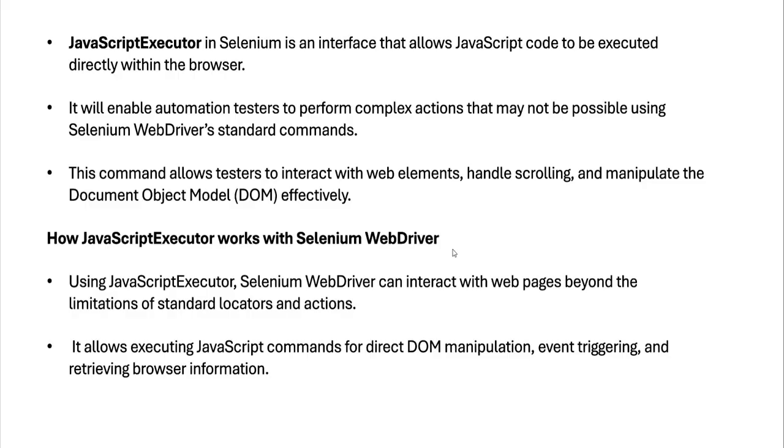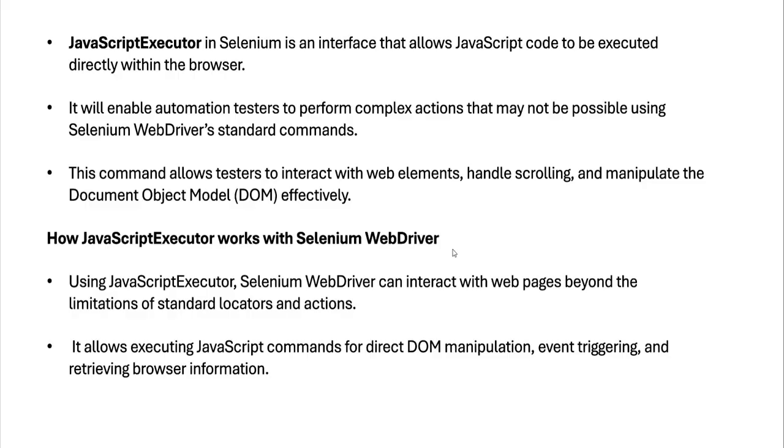The click or send keys method is not working. At that time, rather than using the click or send keys method, you can interact with the browser directly without the help of the Selenium code. Using the JavaScript executor, you can interact with a particular element. That is why the JavaScript executor comes into the picture.